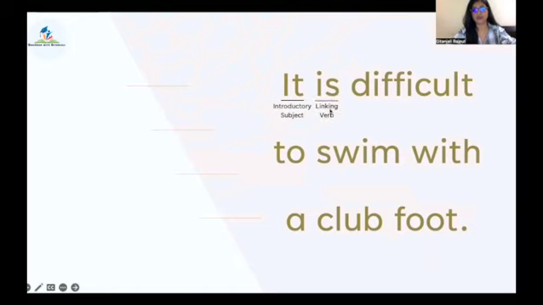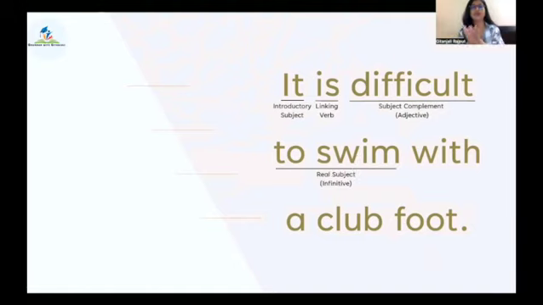Is is the linking verb, connecting the subject to its complement difficult, and the real subject is to swim, which is an infinitive. So, whenever an infinitive becomes the real subject of a sentence, you can use the personal pronoun it to act like a dummy subject of a sentence and introduce the real subject.